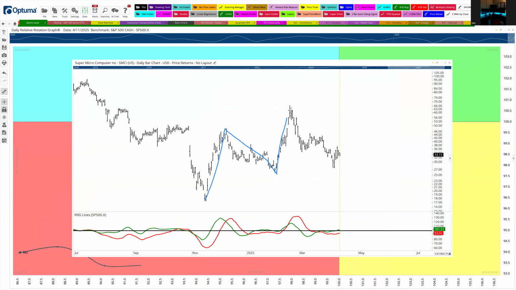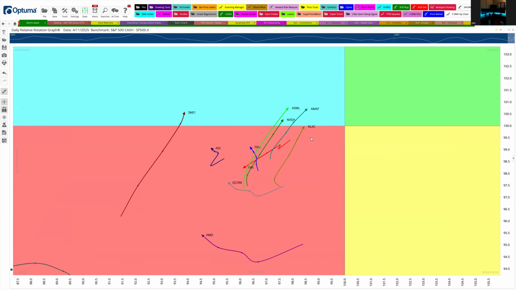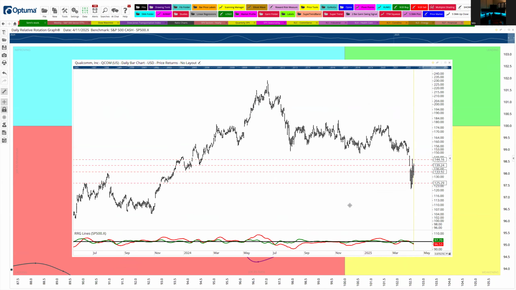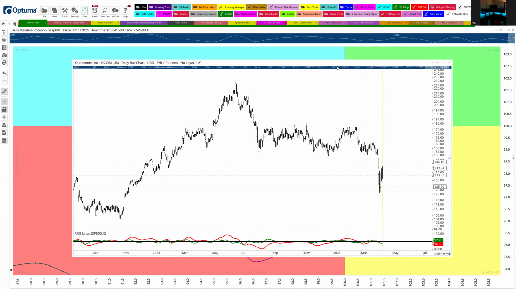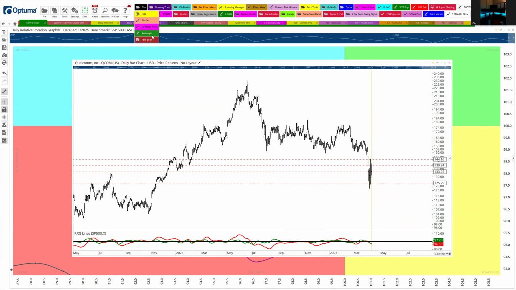See, 1, 2, 3. It's a little jumpy. AMD, no. I don't like this dog anyways. I was looking at this Qualcomm. This is something I like.